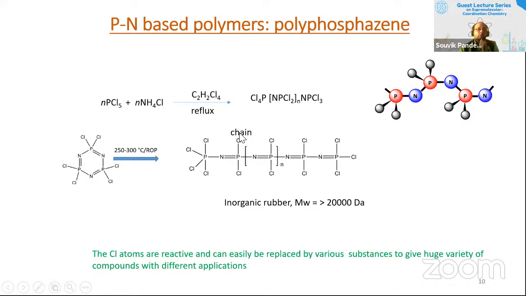Professor Manners and his supervisor, Professor Alcock, are pioneers in this area, and they have a lot of synthetic approaches to get this kind of polymer, and their uses and applications. Professor Ian Manners is now working in Bristol, he also did a lot of work on this chemistry, but now he is working on different topics as well.